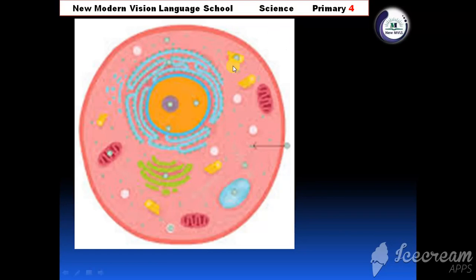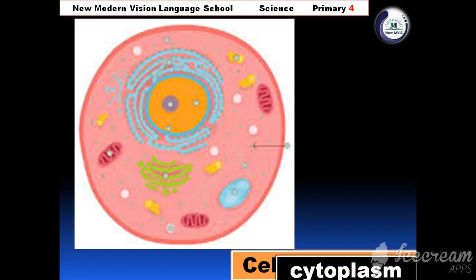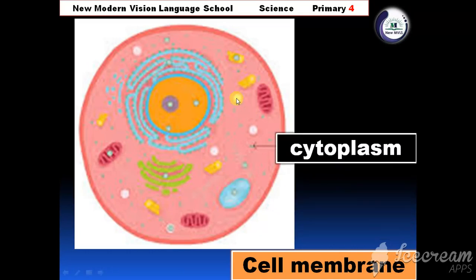The first component surrounding the animal cell is the cell membrane, which is a barrier that allows what? The entering and leaving of the cell. The second component will be the cytoplasm, which is the fluid that fills the cell.